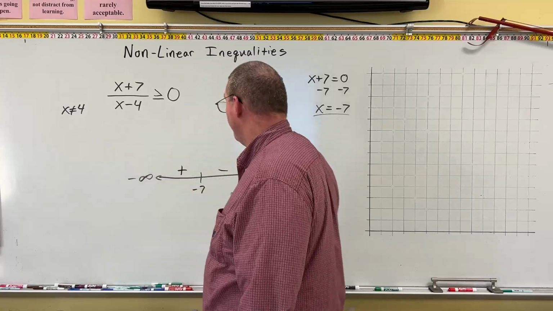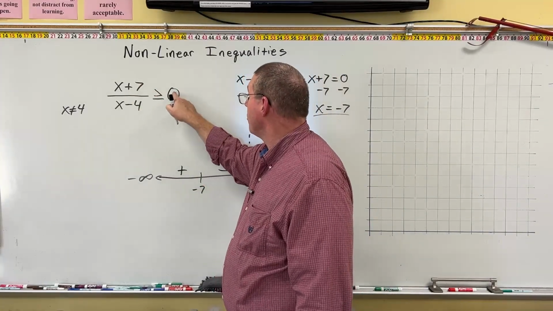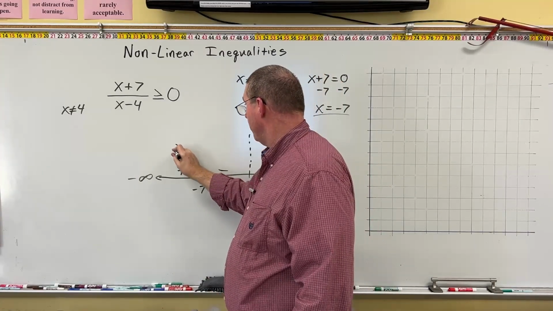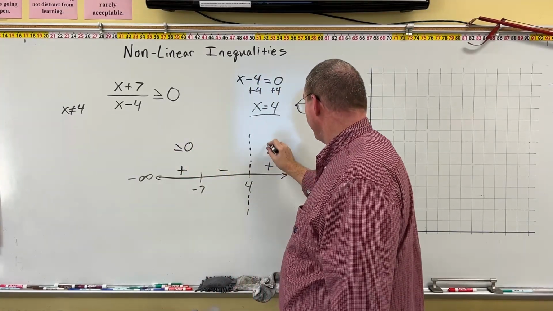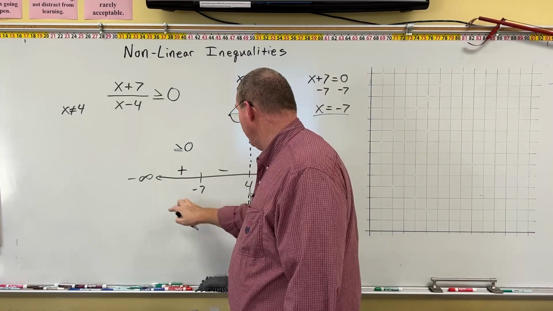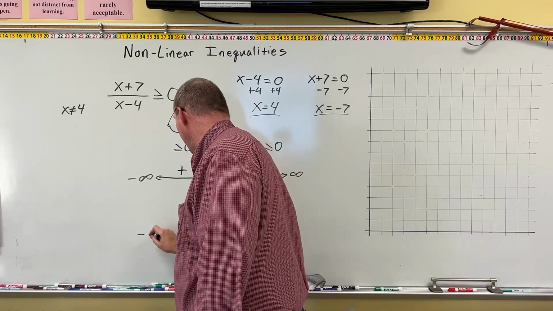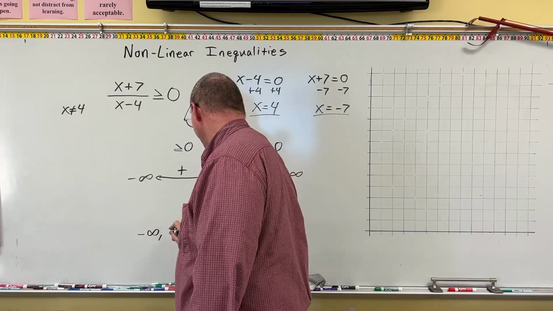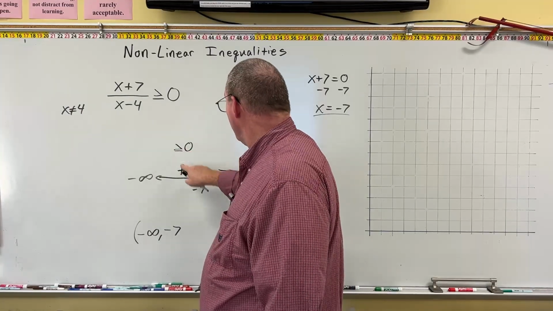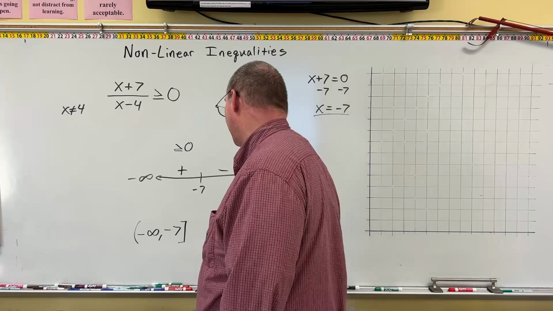And so we're looking for where this thing is greater than or equal to 0. Well, that means positive. So that's this interval, greater than or equal to 0, and this interval, greater than or equal to 0. And so I want this interval included, and I want this interval included. So I'm going to go negative infinity up to negative 7, parenthesis, but it's or equal to, and I am allowed to include negative 7, so I put a bracket.